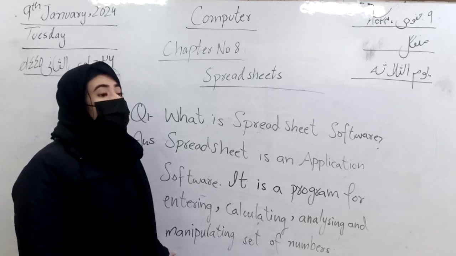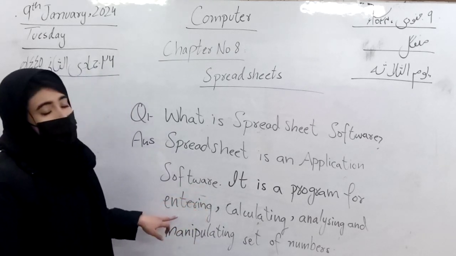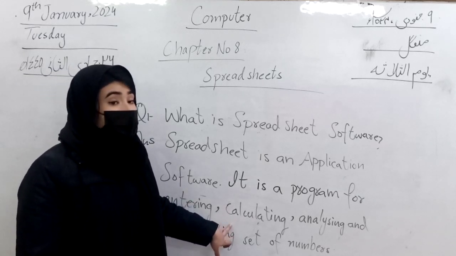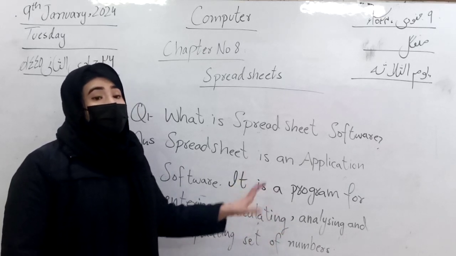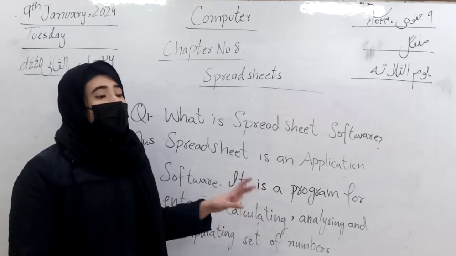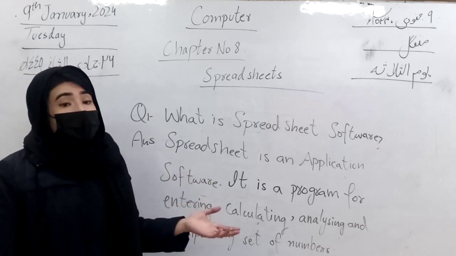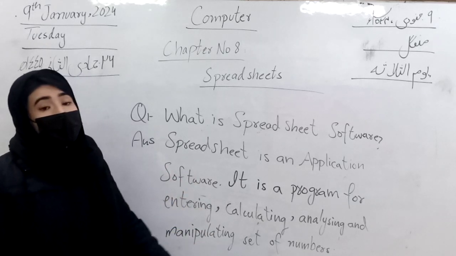Manipulating means to control or to operate. When you enter your data, you have to calculate it because it's a financial program. Then you have to analyze it, and after analyzing it, if you need some changes, then you operate it, to control it by making some changes. And these are all based on a set of numbers.